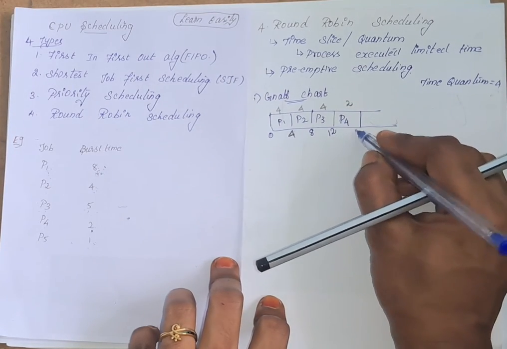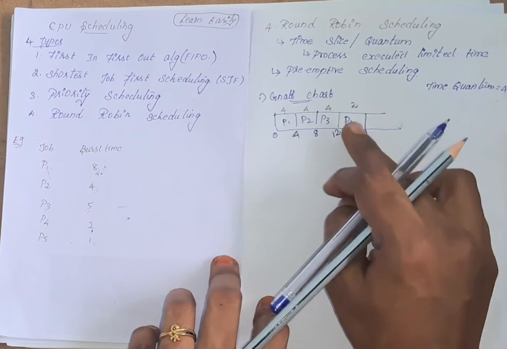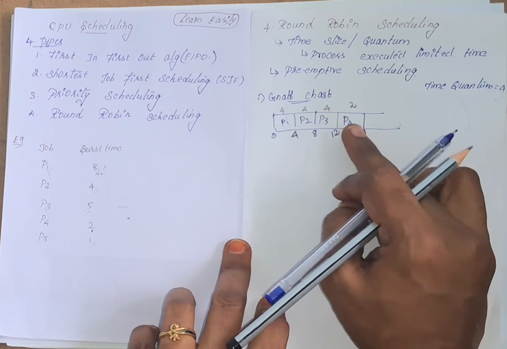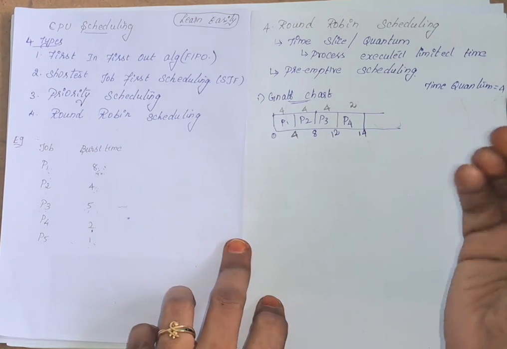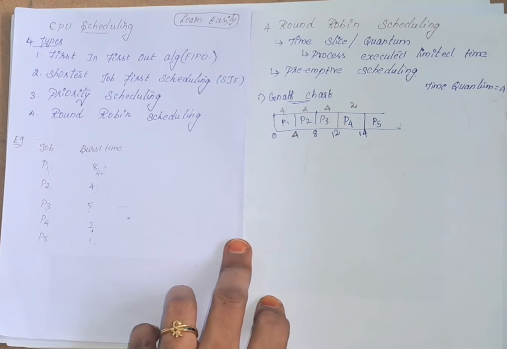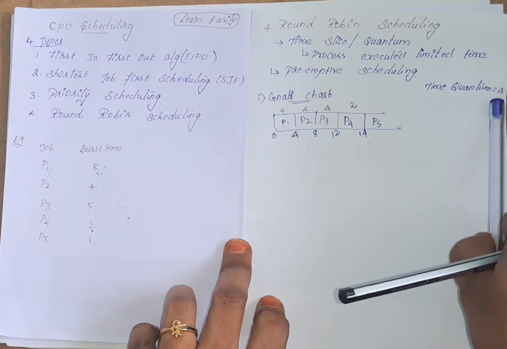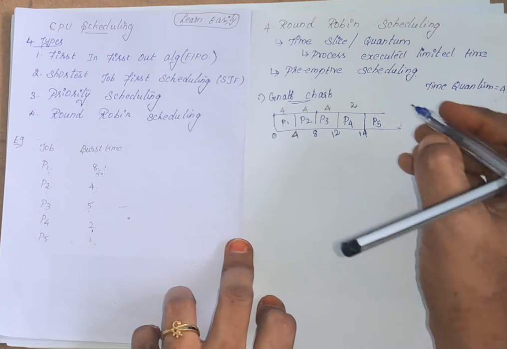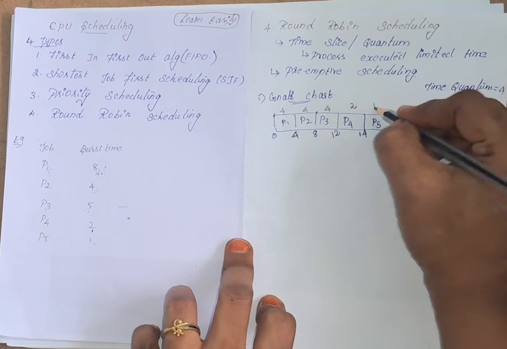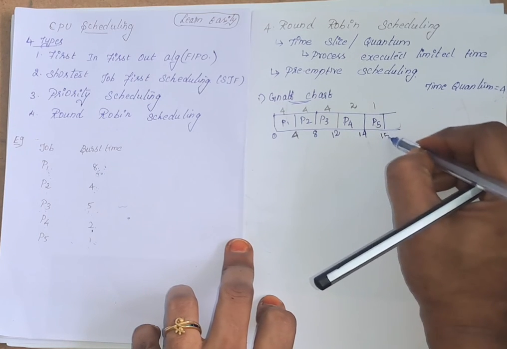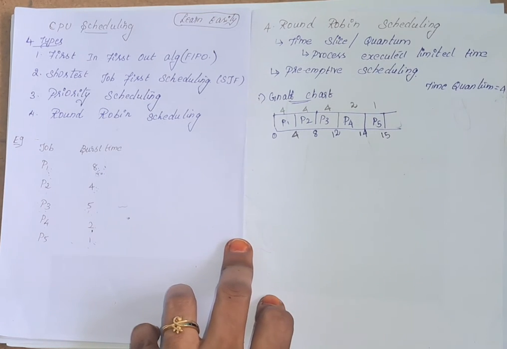It will get completed within 2 seconds, and the overall time taken for completion of P4 is 14 seconds. Next, P5 is taken for execution and here the time required is 1 second only. So 1 is enough. P5 will complete its process at 15 seconds.